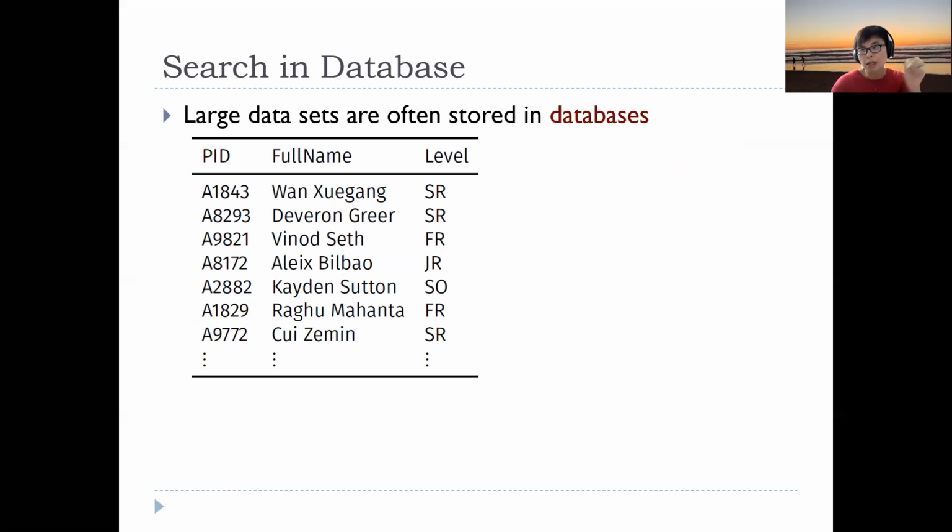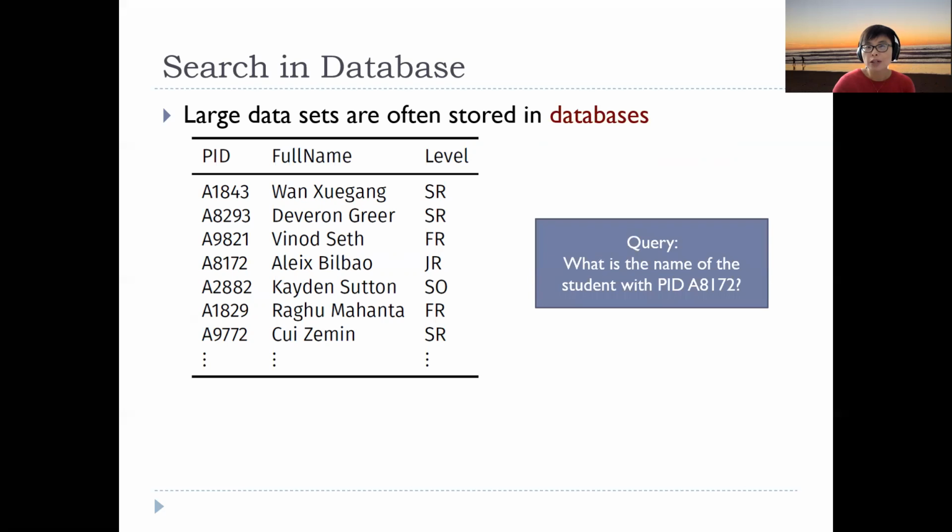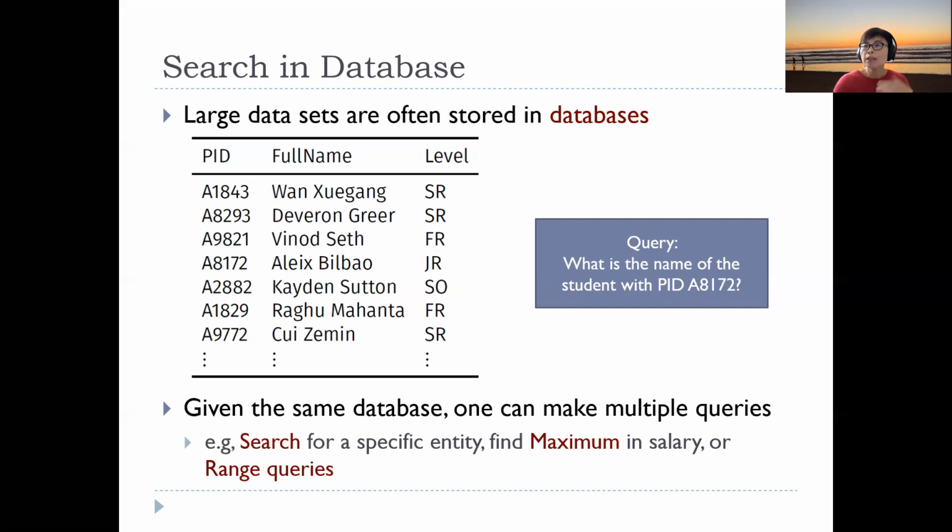That's how they are indexed in the database. And you can perform a query, for example, what is the name of the student with PID 8172? Given the same database, we often expect that we're going to make a lot of queries. Someone else may come to query another student, maybe which year they are in, and so on.